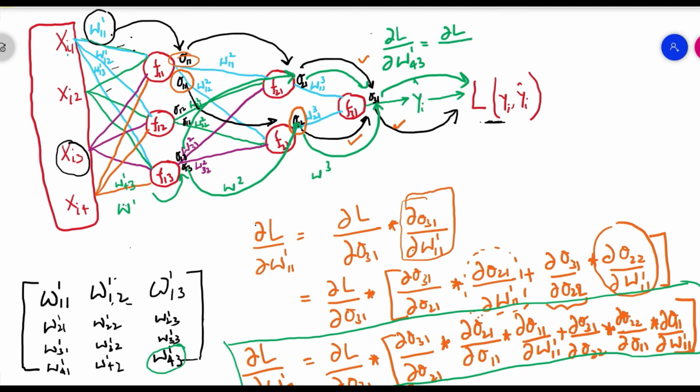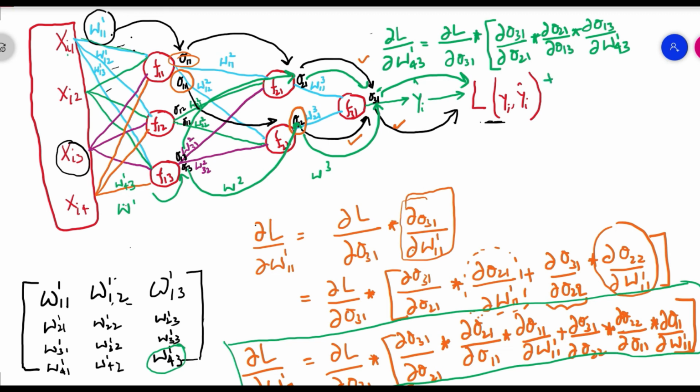the rate of change in our loss function with respect to our output O31, multiplied by, now because O31 is impacted by O21 and O22, both of them being impacted by output 13, we will have to use the rule of differentiation, and we can break this as ∂O31 with respect to ∂O21 multiplied by the rate of change of O21 with respect to O13, and the rate of change of O13 with respect to W143.